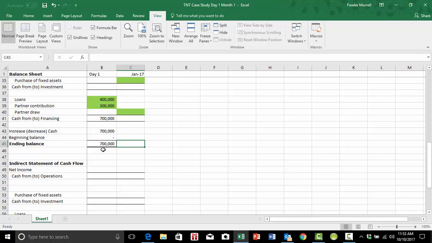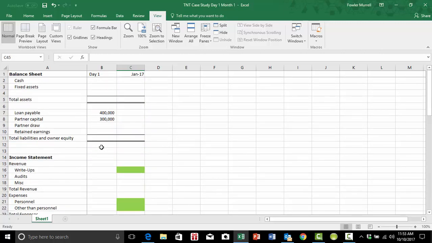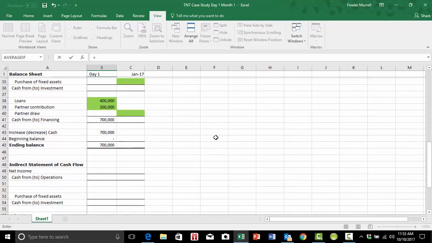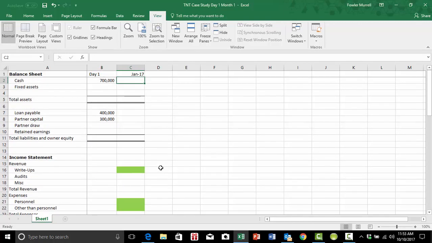The next piece we have to do is the balance sheet. We have a partial balance sheet, but now we can complete it. We go to the balance sheet, and this cash item is equal to the total cash that we received in day one, which is this number. So we link that to this: $700,000 in cash. We have no fixed assets as of yet.